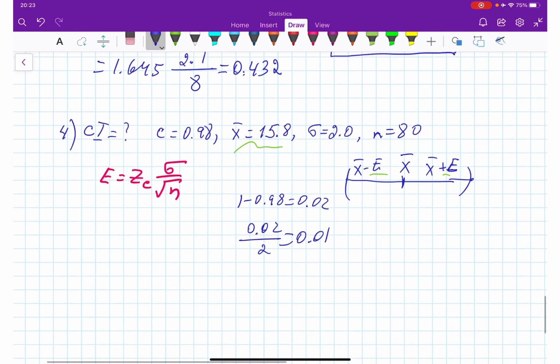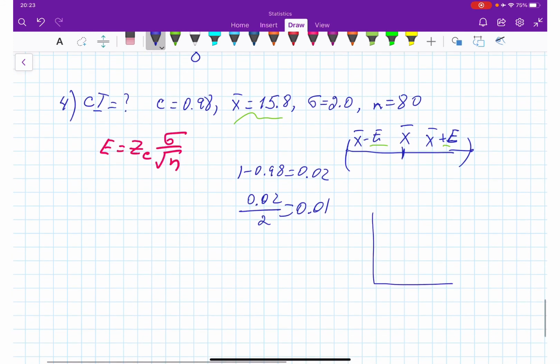Going to the table, 0.01 is 1%, so it's definitely going to be a negative z-score. 0.01, negative z-score area we need to find. Let me see.